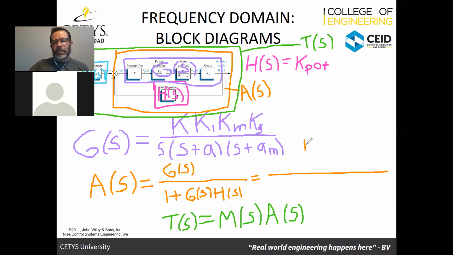G of S is going to be K, K1, Km, Kg, divided by S times S plus A and S plus AM. Be patient because I'm going to have to write a bit slow here.